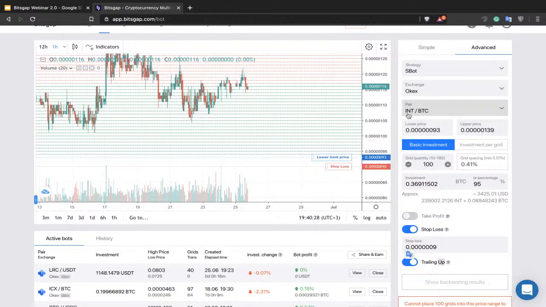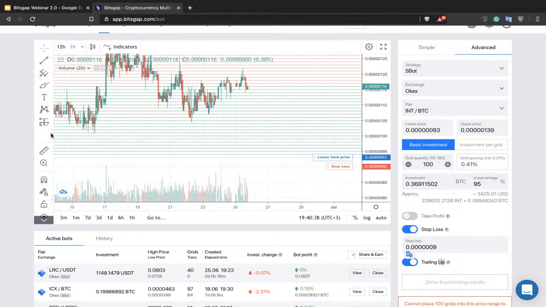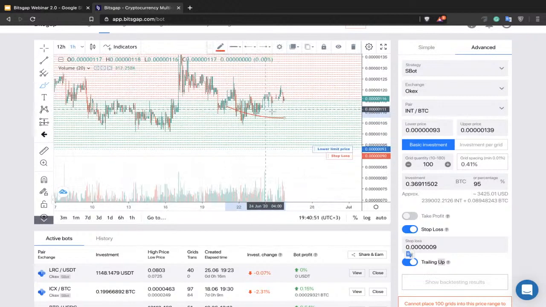In this case we have ETH trading to BTC, so it would sell all of the ETH to BTC at that point if the price falls to that point.